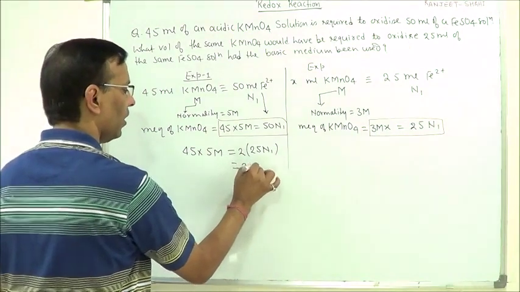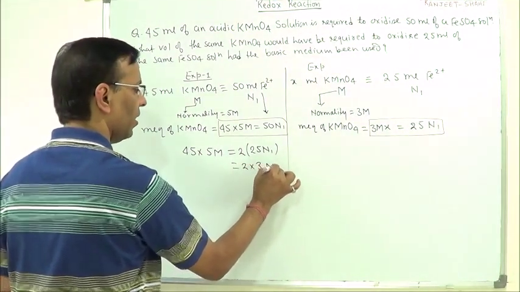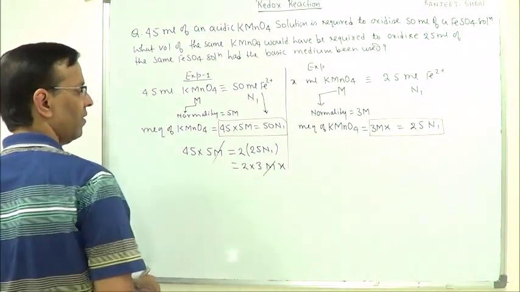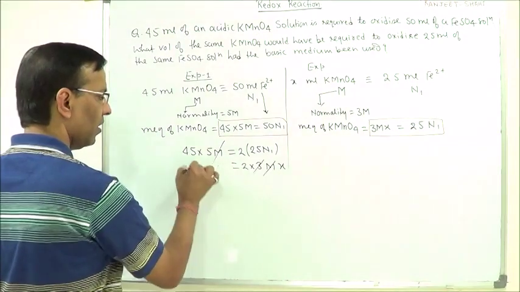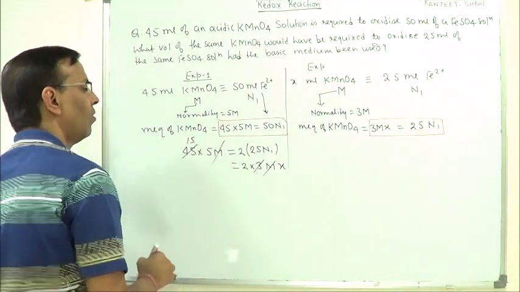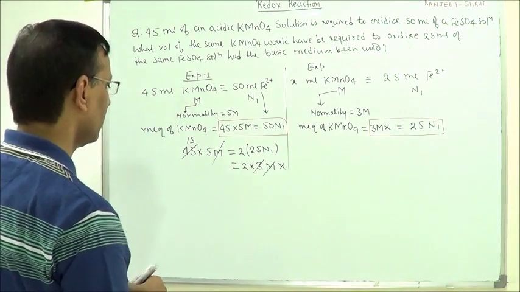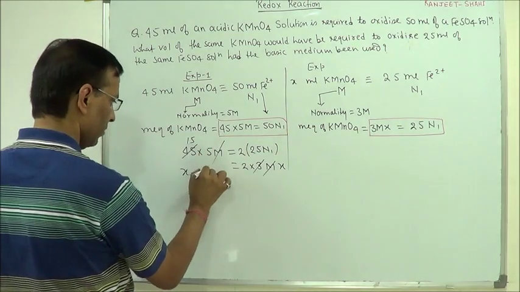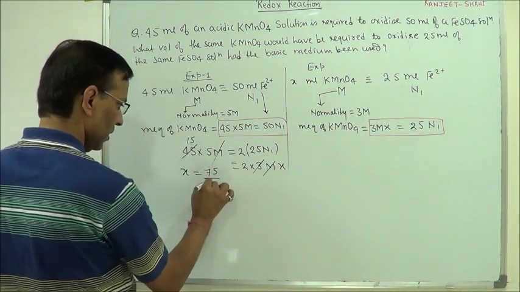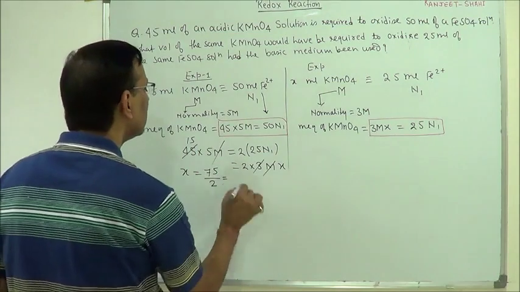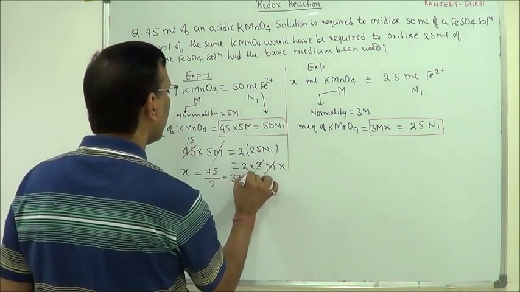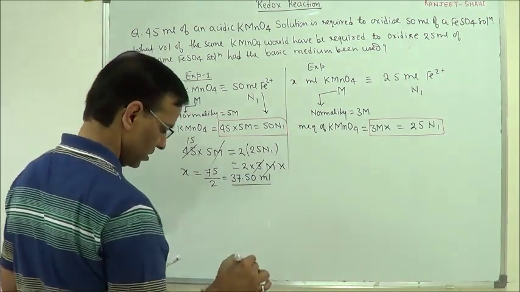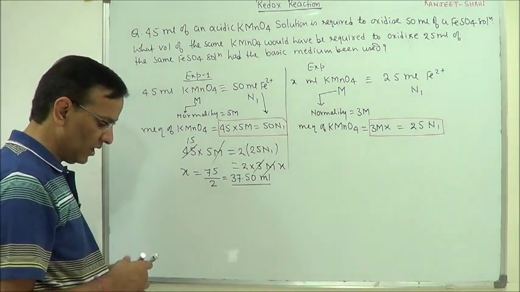So it will be 2 into 3 into M into x. M on two sides will cancel off. 3, 15, 45. So x will be equal to 15 into 5, 75 divided by 2, which is 37.5 milliliter. 37.5 milliliter.